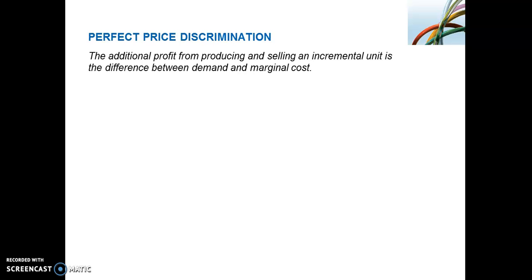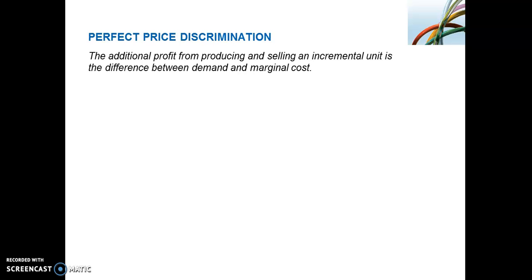Now ask yourselves, do you think it's possible in practice to apply perfect price discrimination, to be able to charge each and every customer their reservation price? It's only going to be possible if you know someone's reservation price. And if I were to ask you what is the maximum you are willing to pay for something, would you divulge that information? Think about if you were at a market, for instance, would you not try to haggle or try to get a better price than the maximum price you're willing to pay?